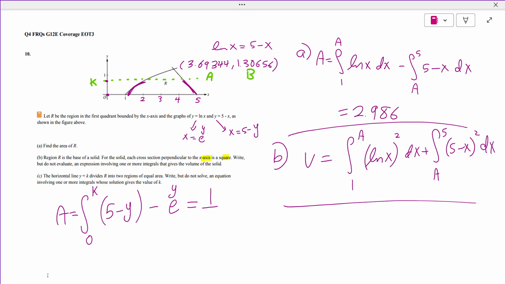Equals half of the area. We found the area in the first part, which is 2.986. This is the answer of part C. You don't need to solve, you just need to set up the equation.